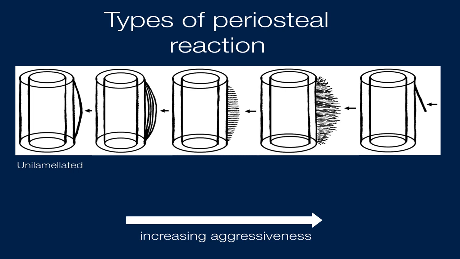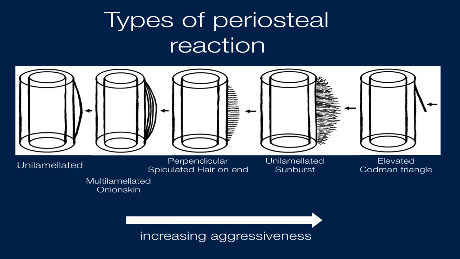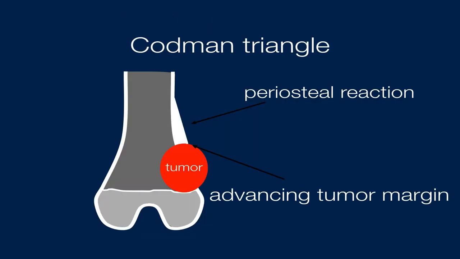So the first lesion on the left is the unilamellated and well-defined periosteal reaction, and then you get the onion skin, multiple layers, more aggressive, perpendicular spiculated, otherwise known as hair on end, more aggressive, sunburst appearance, and then finally the most is the elevated Codman triangle, where the lesion actually elevates the cortex. There's the lesion in red, advancing margin causing the periosteal reaction to be elevated, and that is a Codman triangle in an aggressive lesion. Think of osteogenic sarcoma.